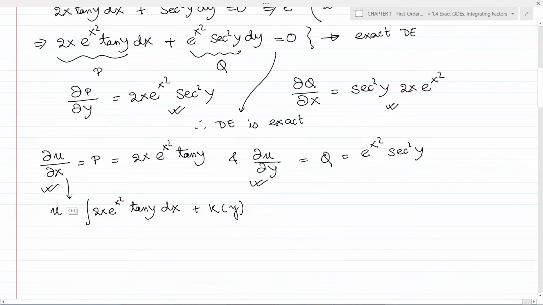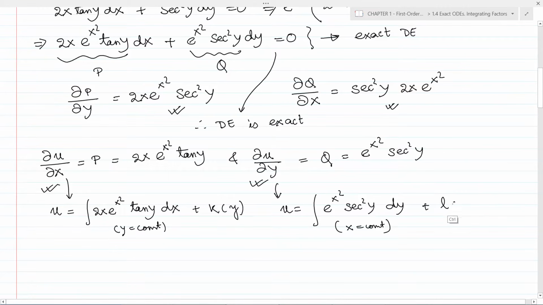This is from the first equation. Here we will assume y equal to constant, and from the second equation we can write u equal to integration of e to the power x square sec square y dy, and for this integration x equal to constant, plus constant of integration L of x.